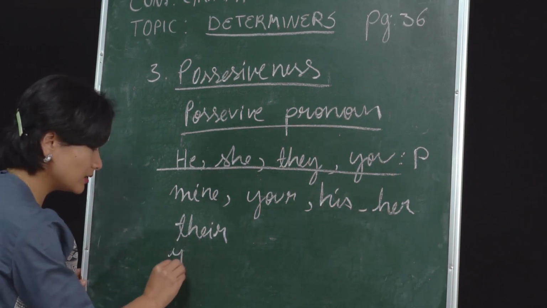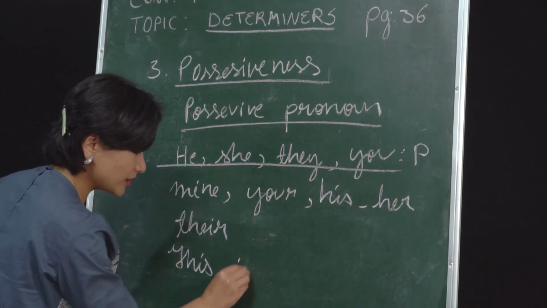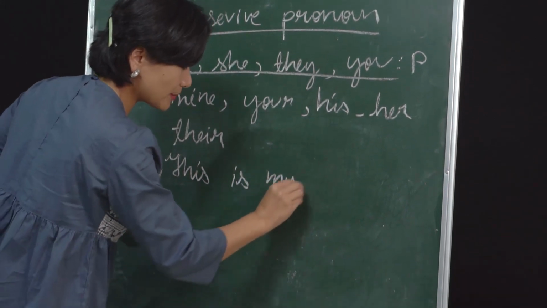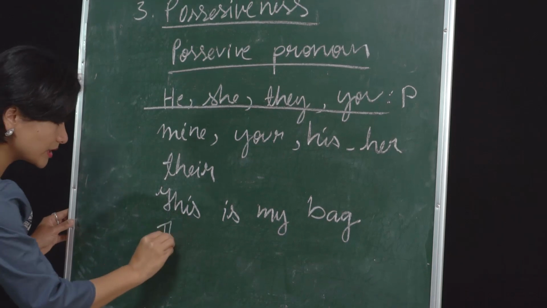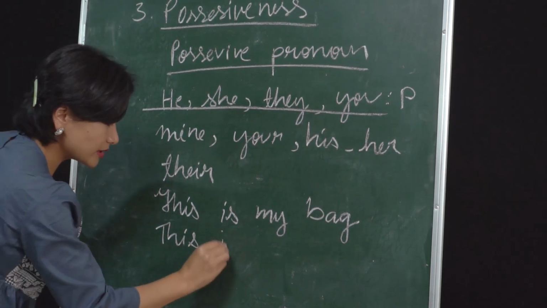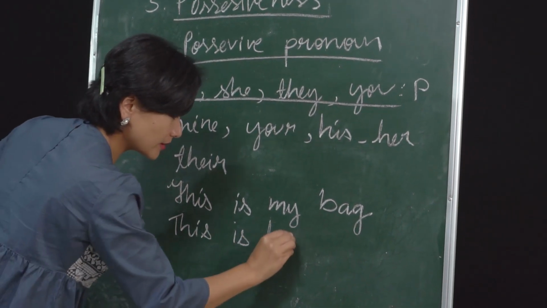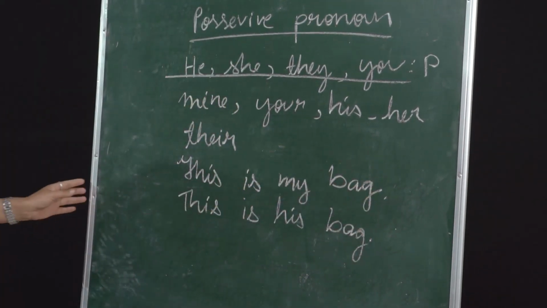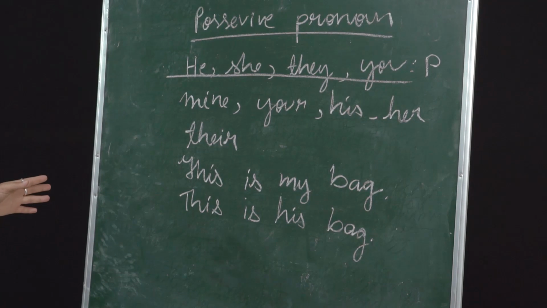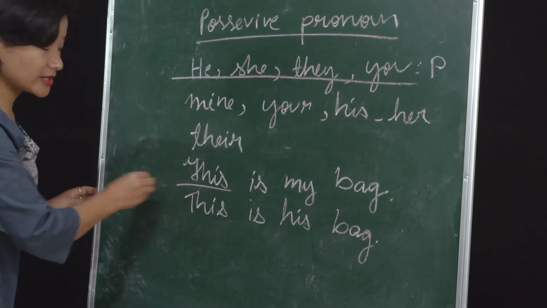For example, this is my bag. Or let's take another example. This is his bag. Now let's take a look at this. This here is a determiner.